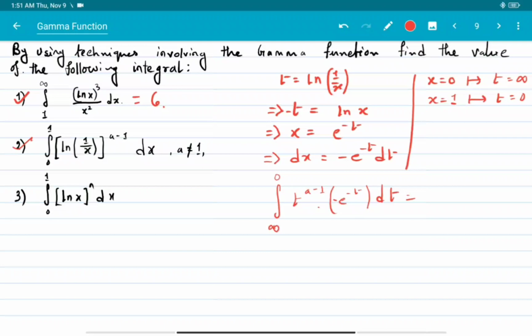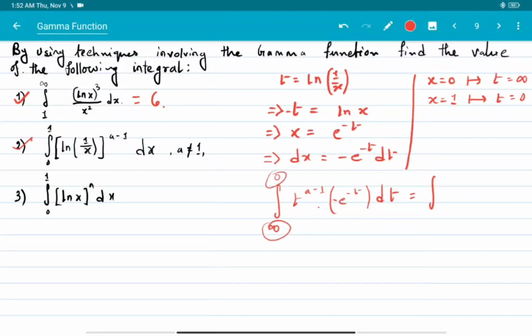We'll just change this. So this infinity will go to the top, so it turns into the upper limit, and this is the lower limit.